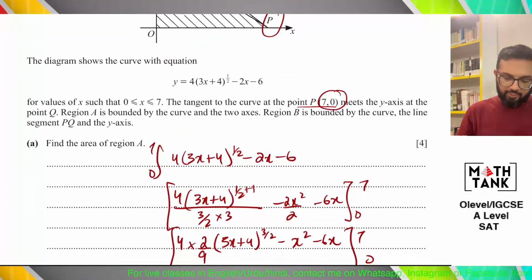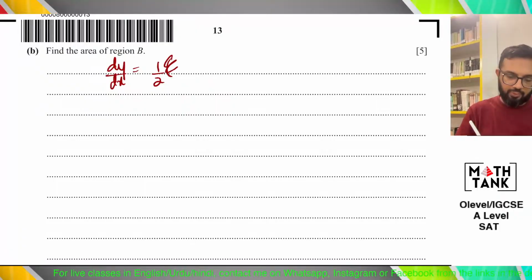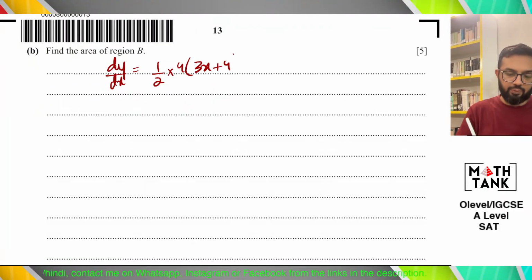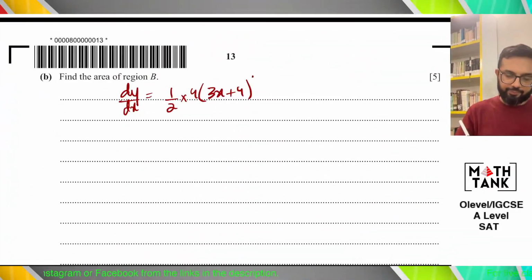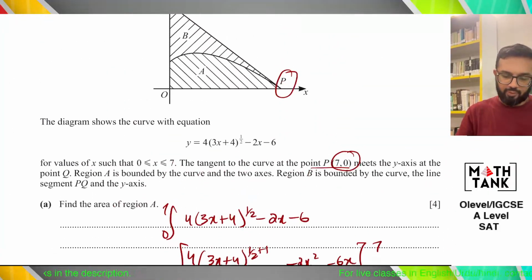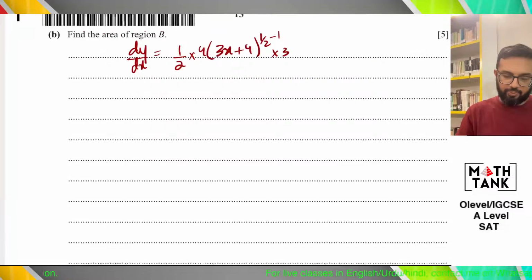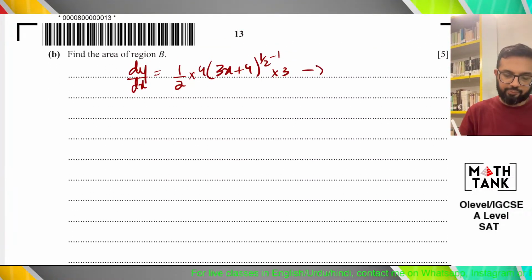That comes down to 4. 3x plus 4 power half minus 1 to 3, minus 2, minus 0. So dy by dx at 7.